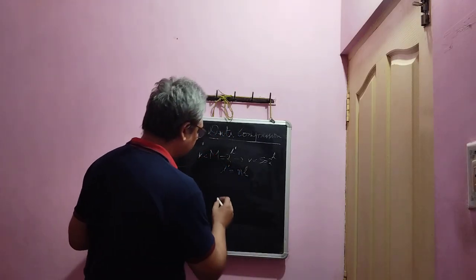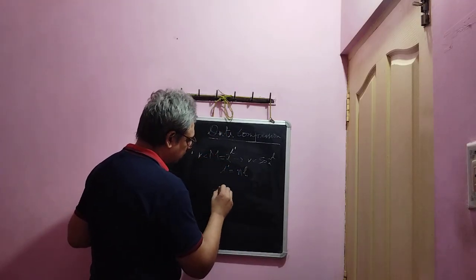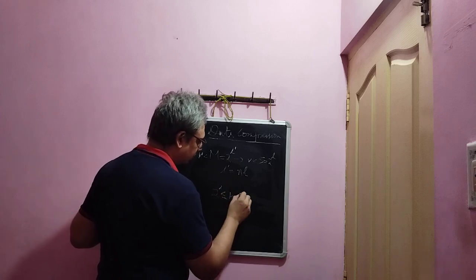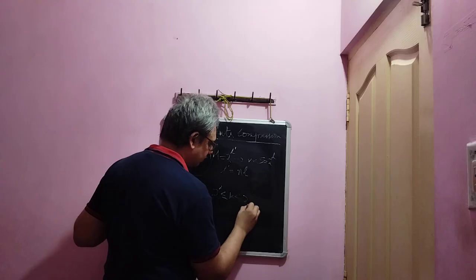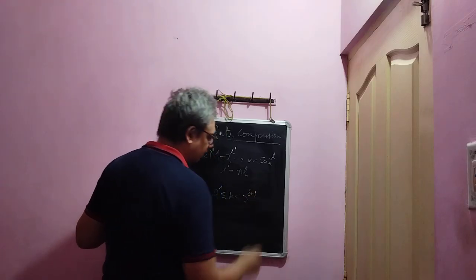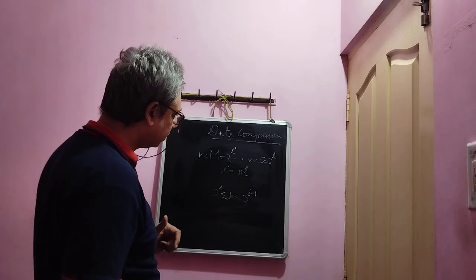Now suppose 2 power i is less than or equal to k less than 2 power i plus 1.